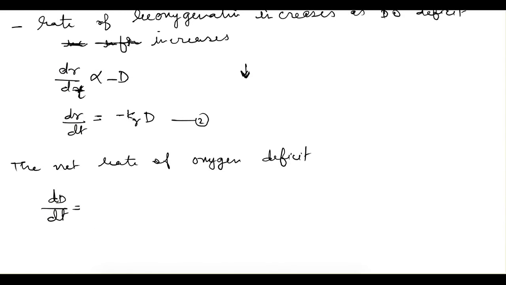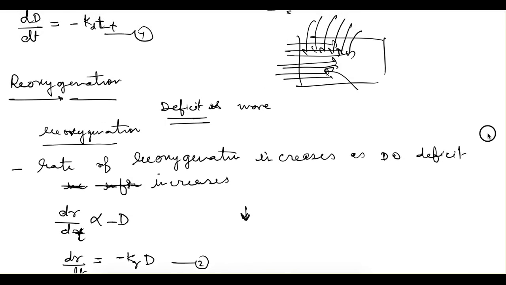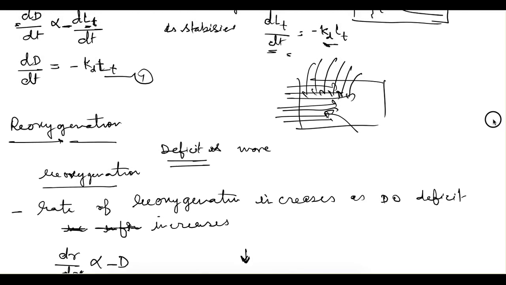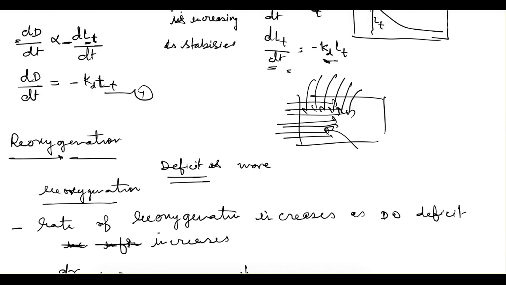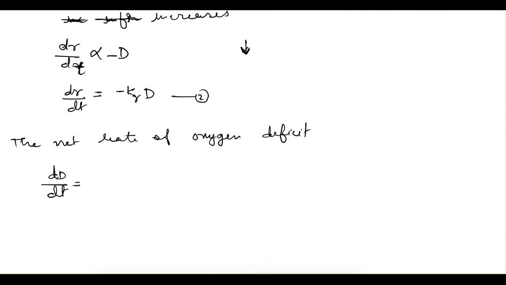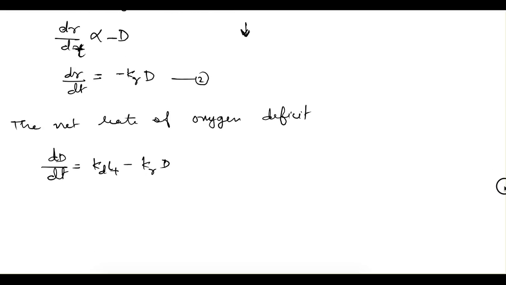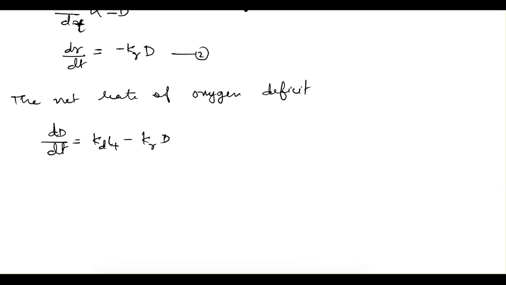So the net rate is the summation of 1 and 2. Here already one minus sign was there and one minus was here, so this will become plus, that is kd into Lt minus kr into D. This is your basic net rate of oxygen deficit.